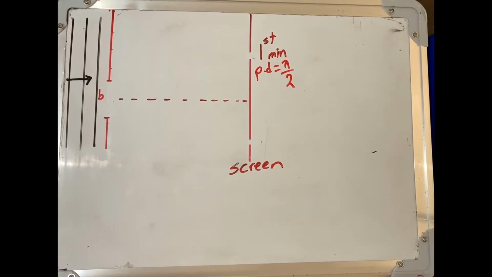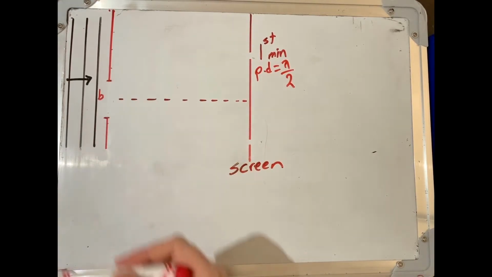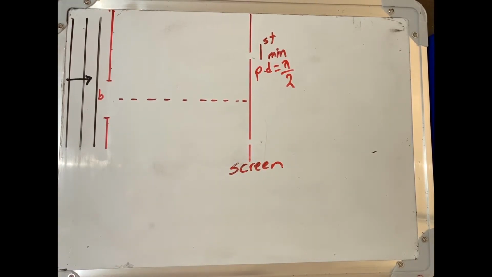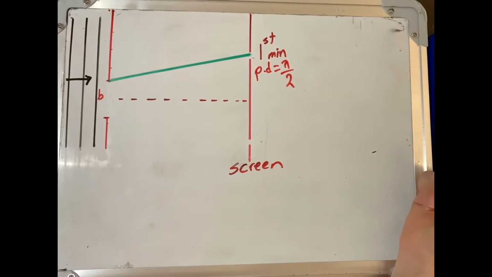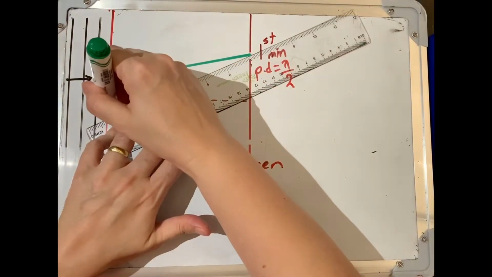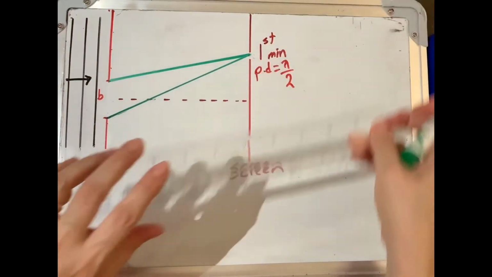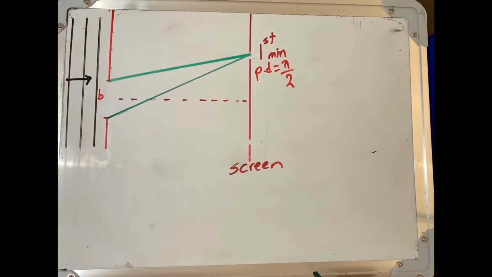And just like we did for the interference lesson, I'm going to draw lines from the start and end points of this gap, find the path difference at the first minimum, and try to label it on the diagram. This is one path, and this is the other path.